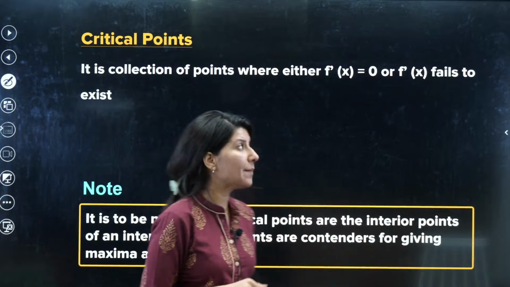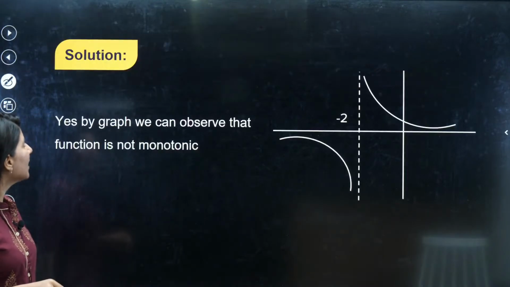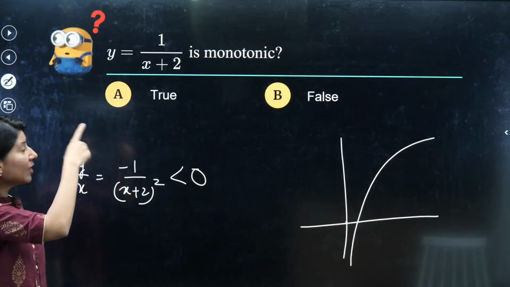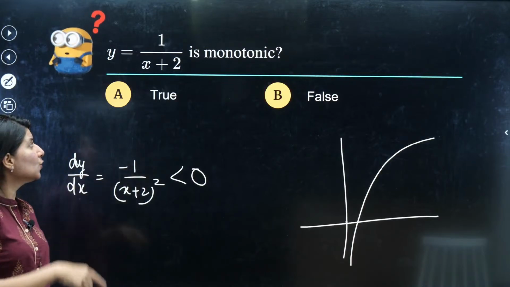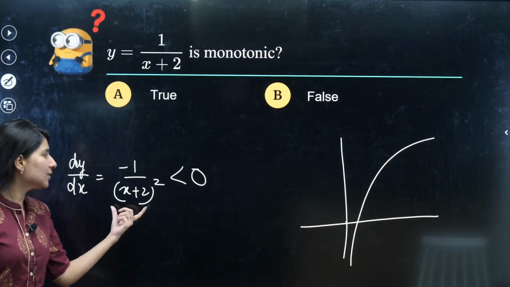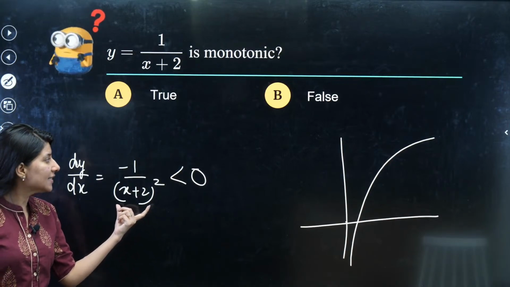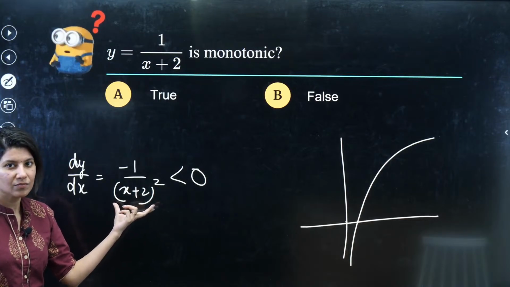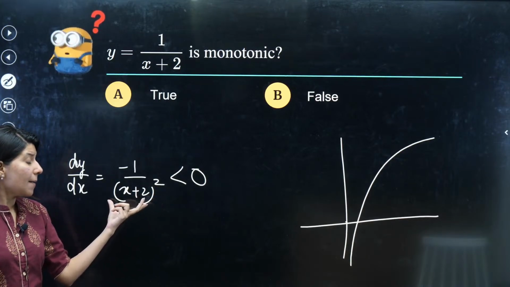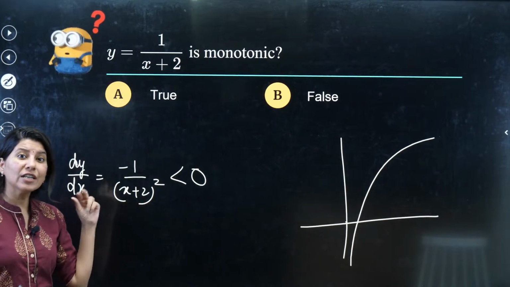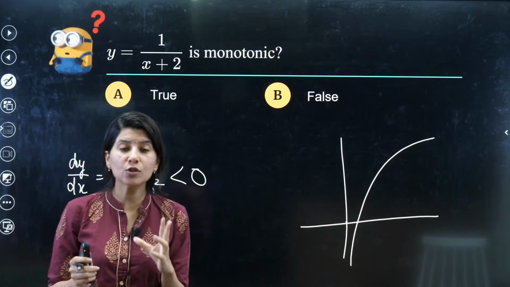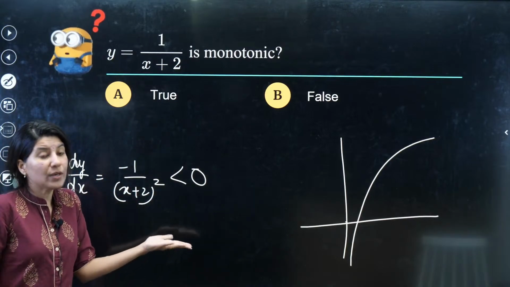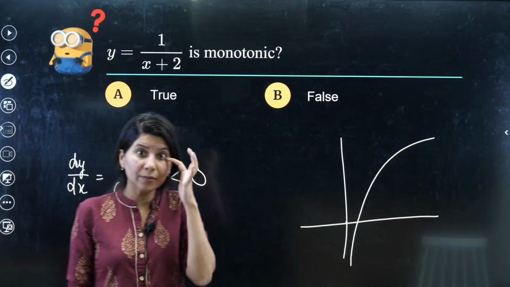For example, in the previous case, this is my f x, y equals 1 upon x plus 2. So my dy by dx is this. Either it is 0, so we can set it to 0, but it is never going to become 0. No 0 is possible over here. But if it is not becoming 0, then we need to keep in mind all those points where my dy by dx fails to exist, because we don't know what will happen at that point.